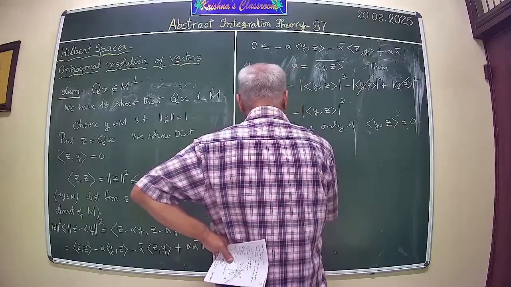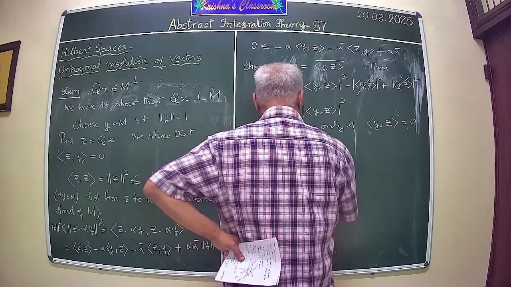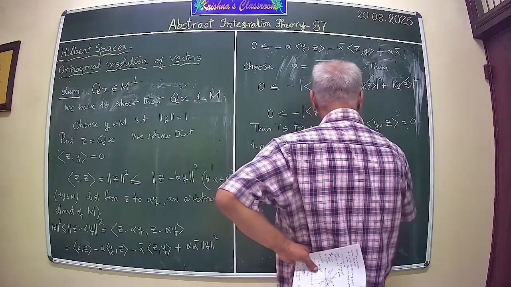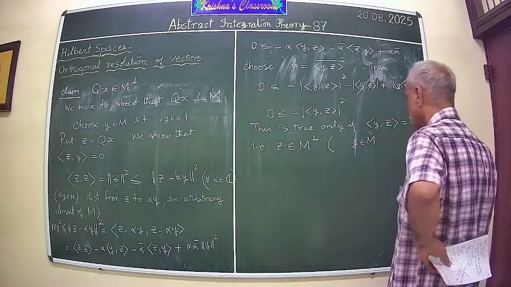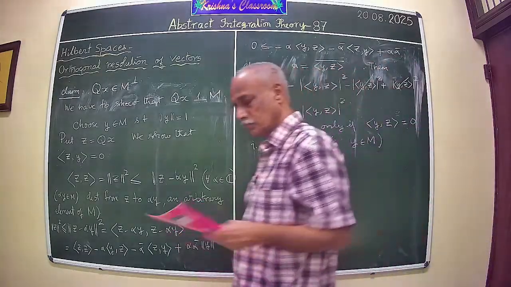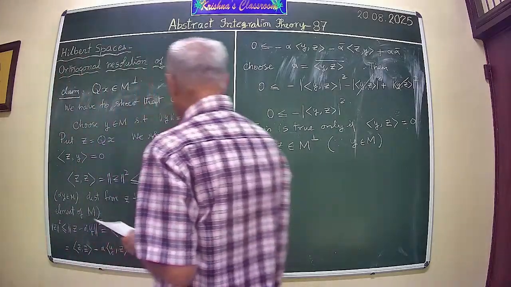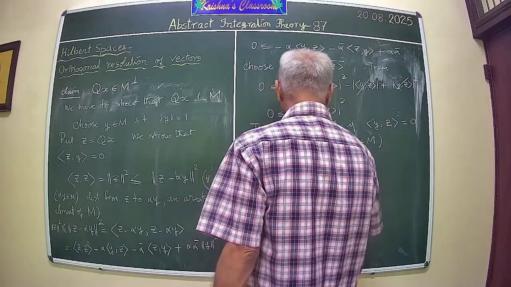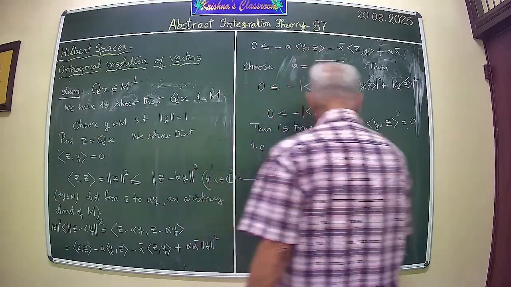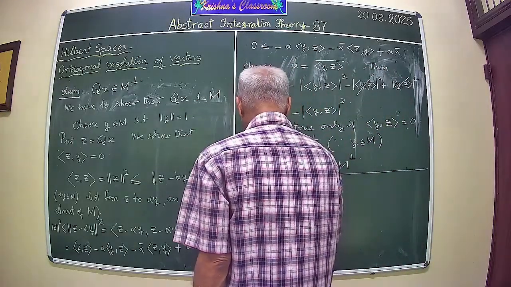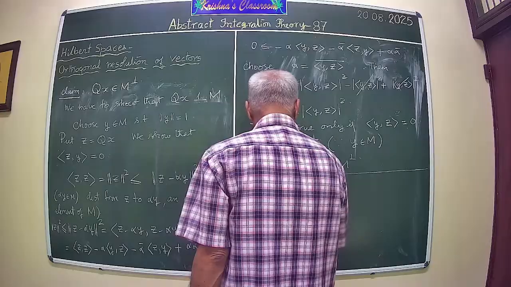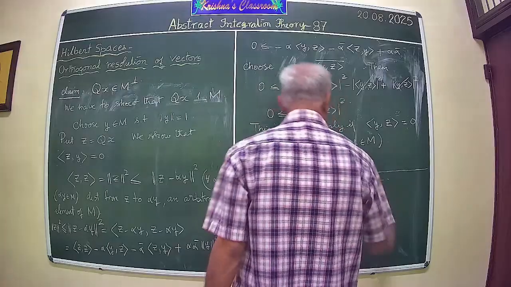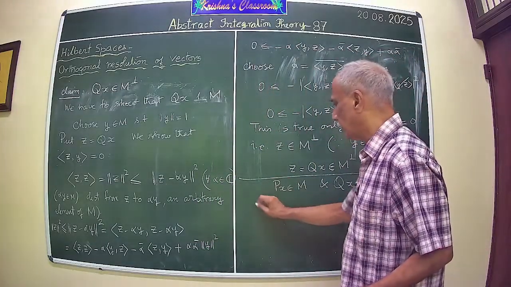That is z belongs to, so z belongs to, thus we have the following results. x belongs to M and so this is the result that we have.